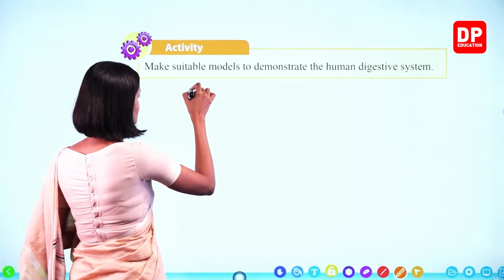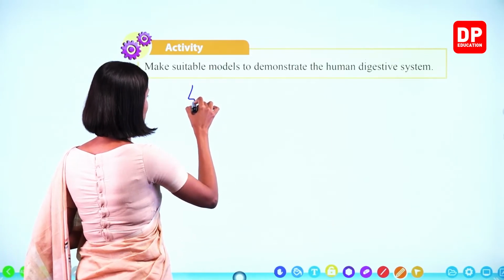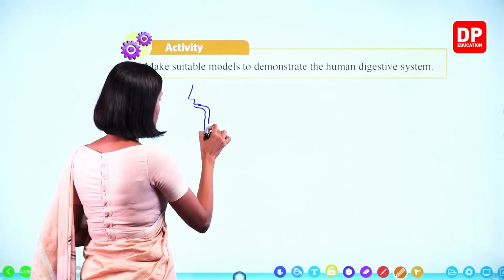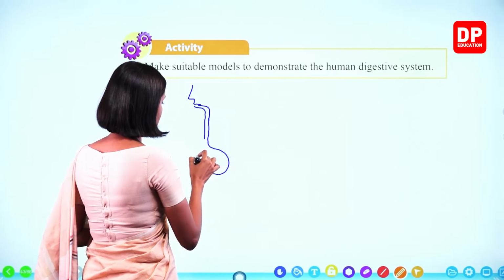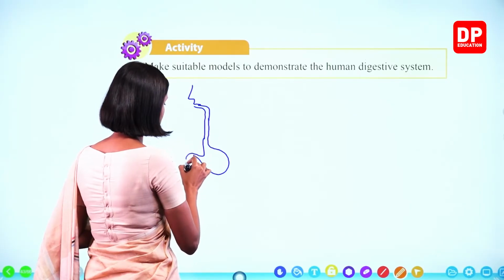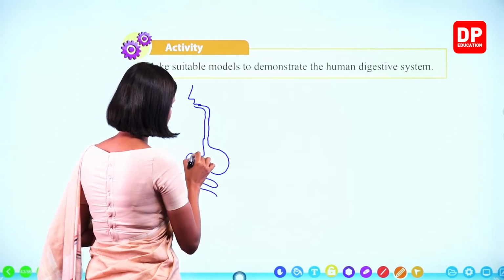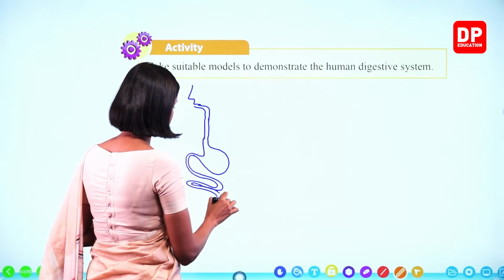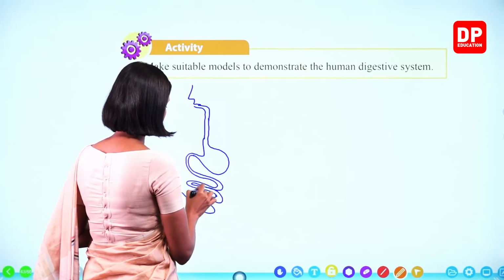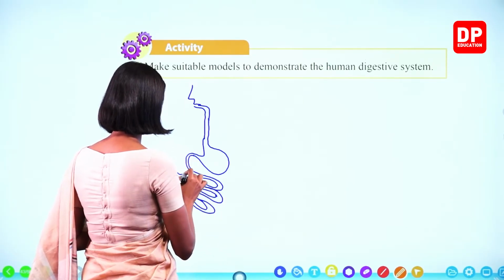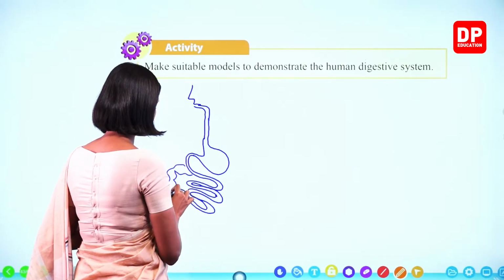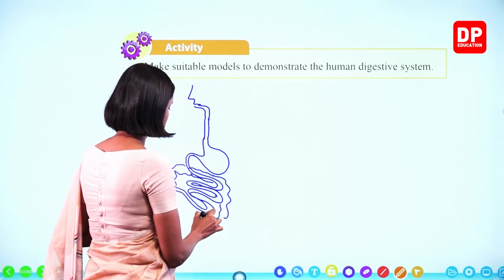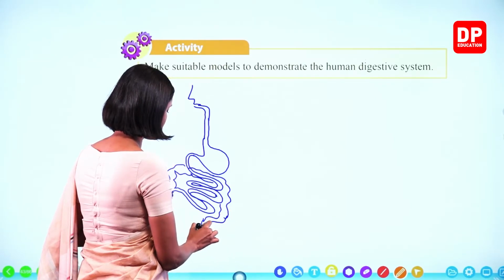When you consider the digestive system, it starts with the mouth cavity. Right? And then there's the stomach, small intestine, large intestine, rectum and anus.